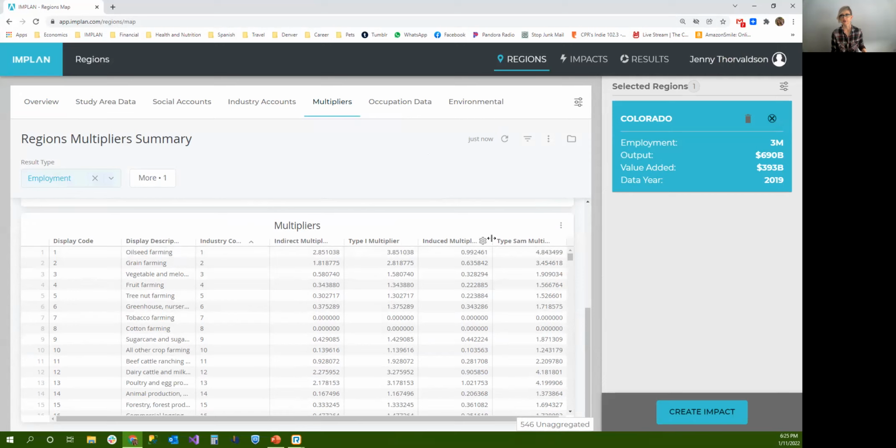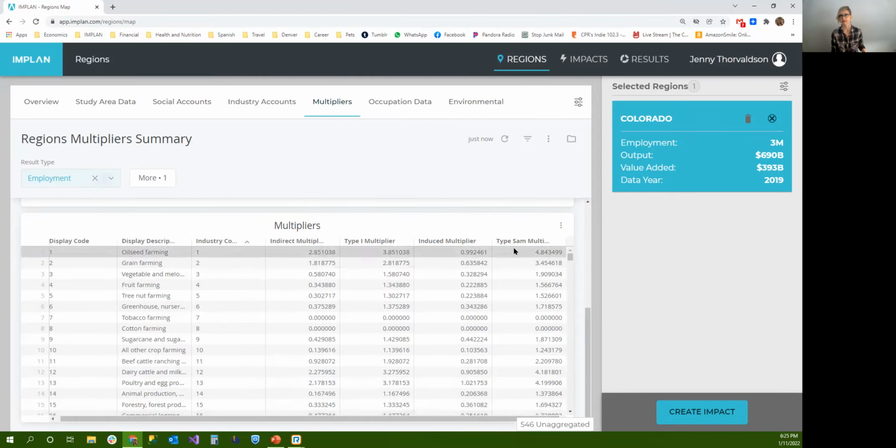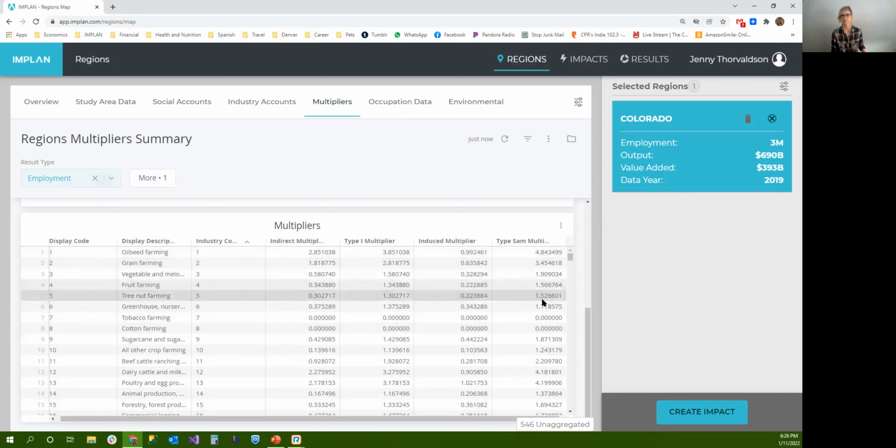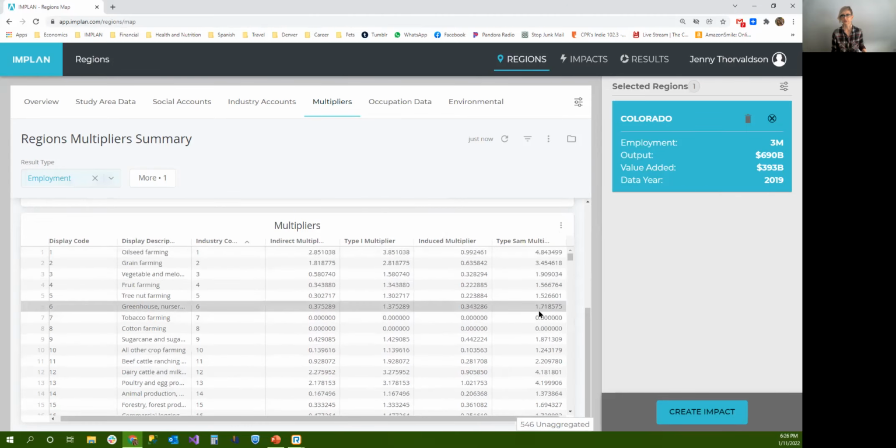And then you've got your induced multiplier. And then the type SAM multiplier is all of those together. That's the total multiplier is what we would call it. And you can see there's just one for each industry because this is the summary multiplier. You can scroll down here, and you can sort it if you wanted to by clicking on each of these columns to see which are the highest and which are the lowest and all of that.